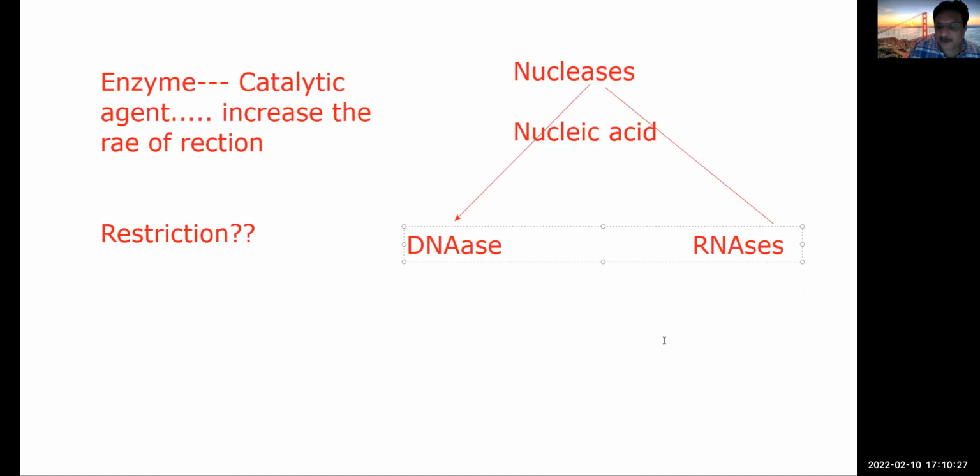As we have two types of nucleic acid, DNA and RNA, there are two types of nucleases also. The ones that act on DNA are called DNases. The ones that act on RNA are called RNases.